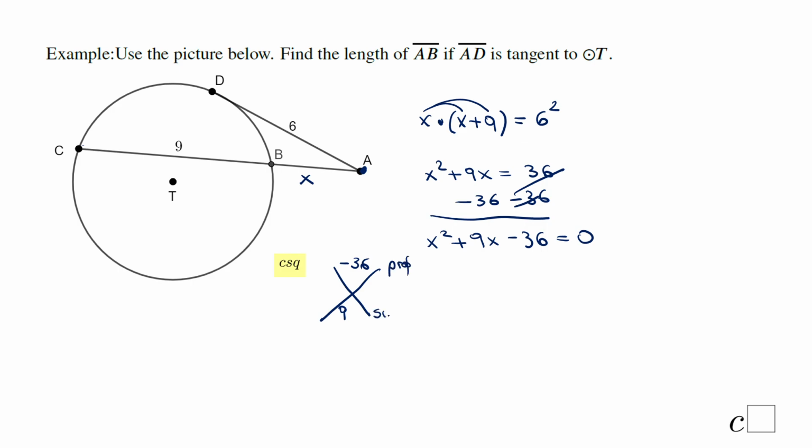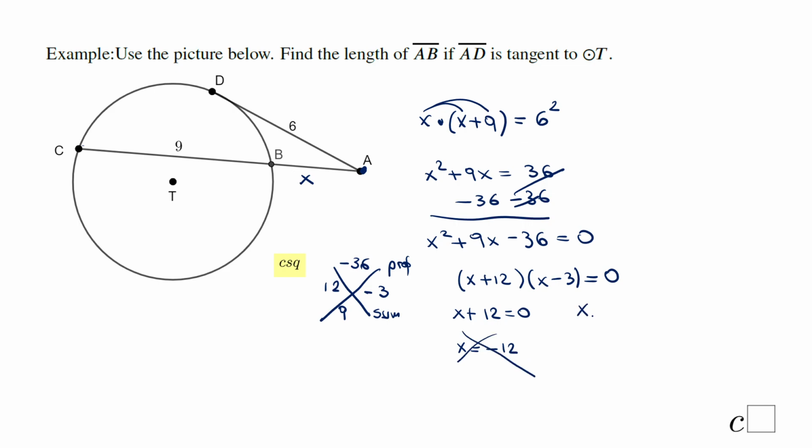The two numbers for which the product is negative 36 and the sum is 9 are 12 and negative 3. And then we have the factored form, x plus 12, x minus 3 equals 0, which gives us solutions here. x plus 12 equals 0 gives us x equals negative 12, which is not good because x in this case means the length, so we can ignore it.